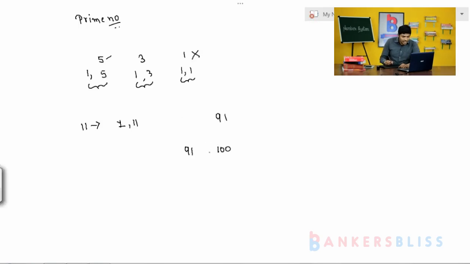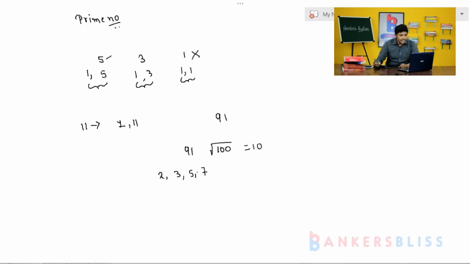Now take the root of 100, that is 10, and list out the prime numbers below 10. The prime numbers below 10 are 2, 3, 5, 7. Is any one of these prime numbers going to divide 91 or not?